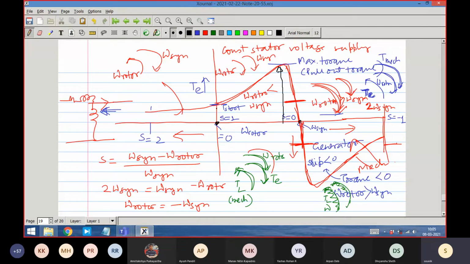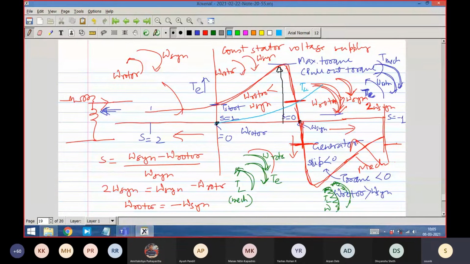This is the characteristic in the mostly motoring zone. This may be the rated operating point, because we have already learned that the actual operating point is the intersection between the load torque characteristic, which is also a function of speed, and the induction machine's torque-speed characteristic.